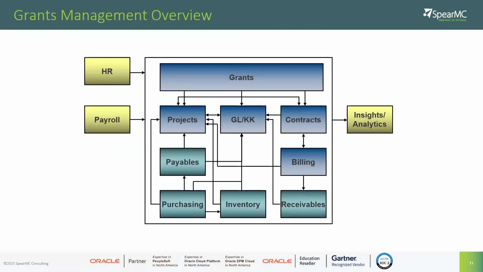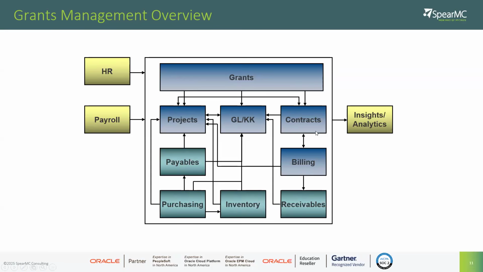This is a high-level overview of what the integration might look like. The boxes in blue are all required for the grants solution, and each has its own purpose. On the top, the grants module is where we're going to be entering our proposals and tracking our awards. The projects box over here, project costing, is going to store all the detailed transactions related to our grant.